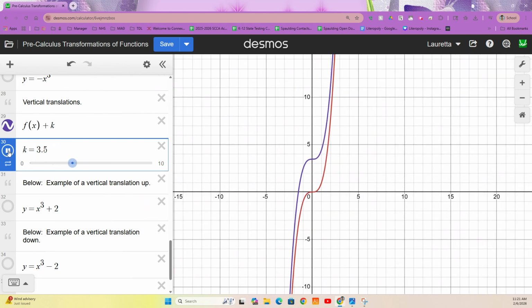So here's a vertical translation up when k is positive. So it's above the original function in red. And then here, the vertical translation down, it's below the function in red, the parent function.